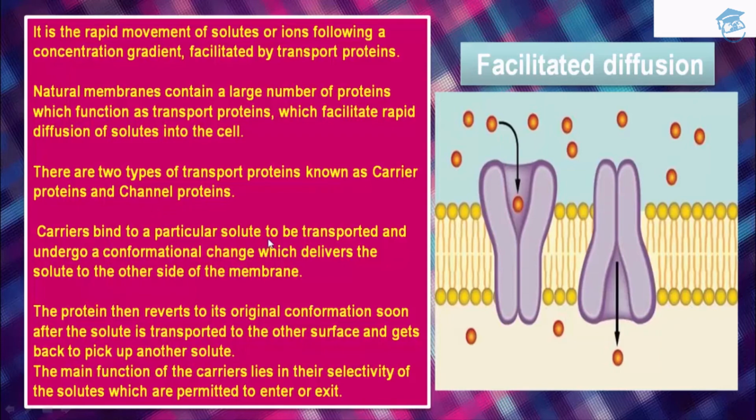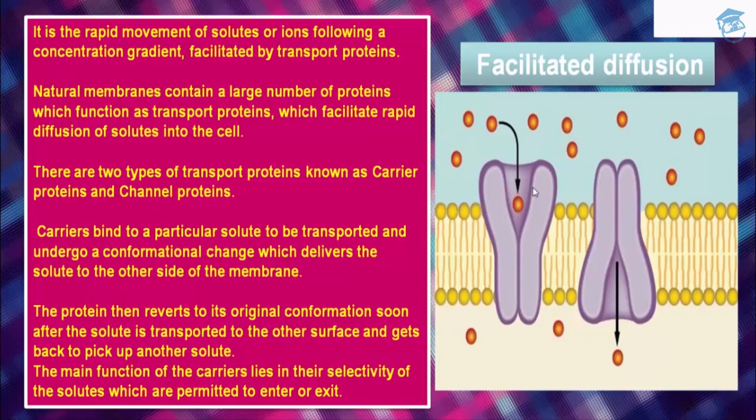Carrier protein binds to the particular solute. See, this is the solute. Okay, so the carrier protein binds to the particular solute to be transported, and it undergoes a conformational change which delivers the solute to the other side of the membrane, and then this protein reverts to its original conformation soon after the solute is transported to the other surface and gets back to pick up another solute.